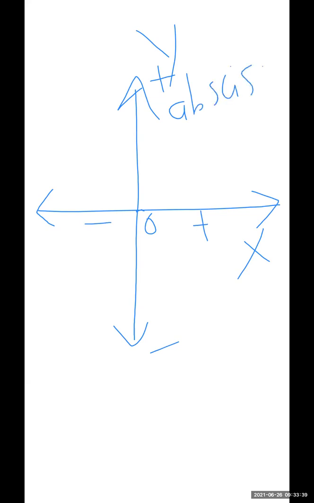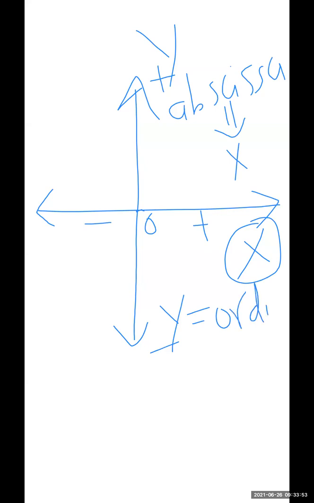abscissa means the x coordinate, right? The x coordinate is called abscissa, and the y coordinate is called ordinate. So in question number 4 and 5, they ask (-3, -2).